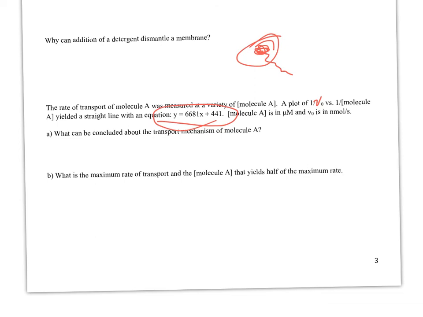If I had a situation like this, yielding a straight line, I could treat it the same way, whereas this would imply, if it followed Michaelis-Menten kinetics, that it's facilitated and uses a protein to facilitate transport.